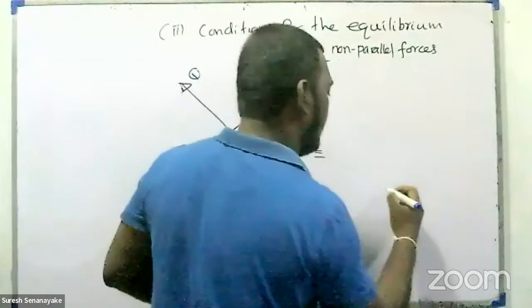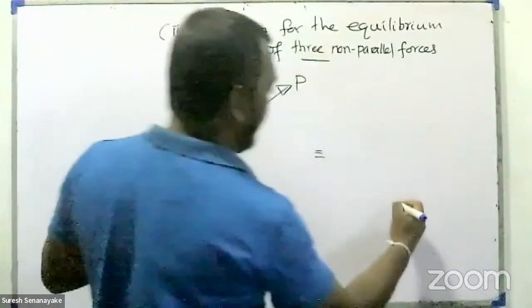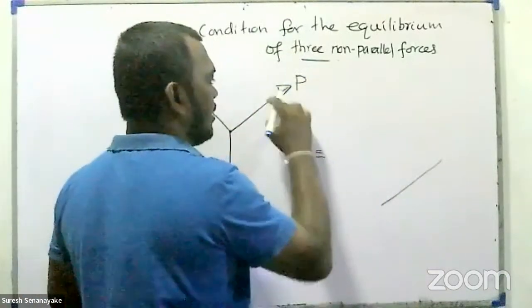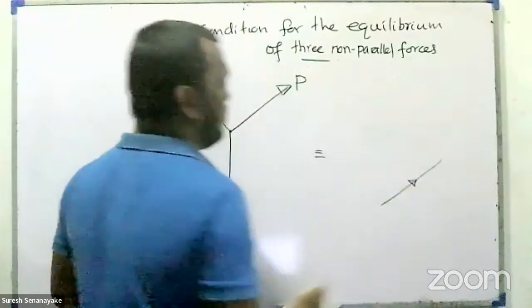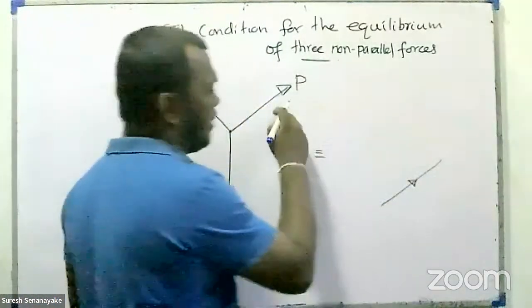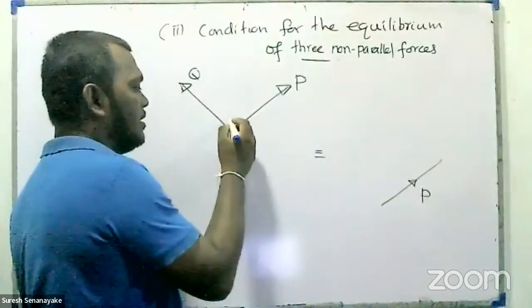The P I'm drawing here should be parallel to the force P, and its length should be proportional to the magnitude of P. And for Q, let's say this angle is alpha.